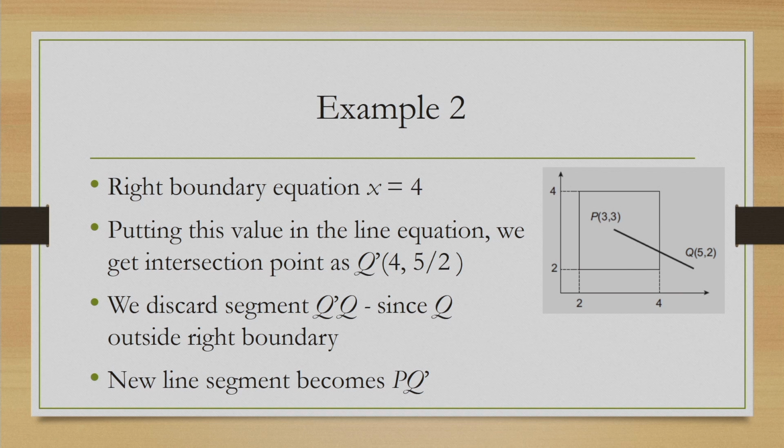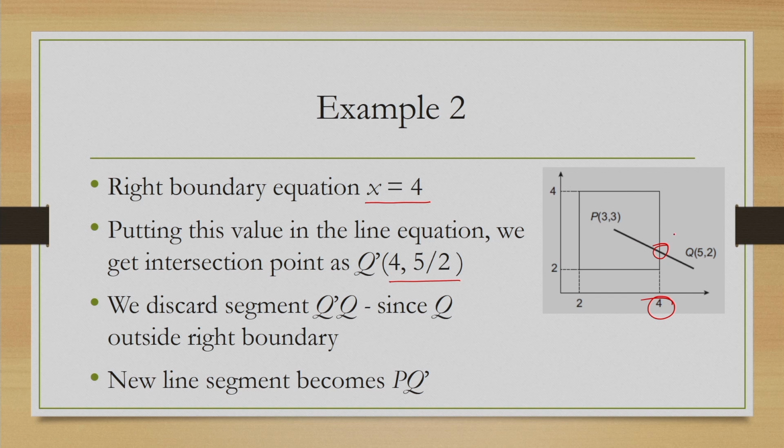So, we have to find out the intersection point with the right boundary. Now, right boundary line equation is x equal to 4, as you can see here, and we put this value in the line equation to get the intersection point at (4, 5/2). This is the intersection point.